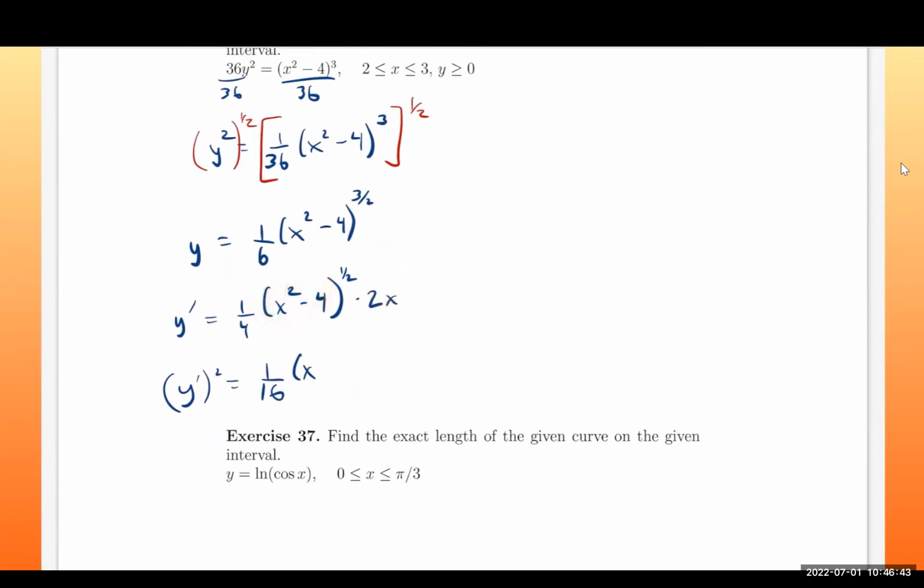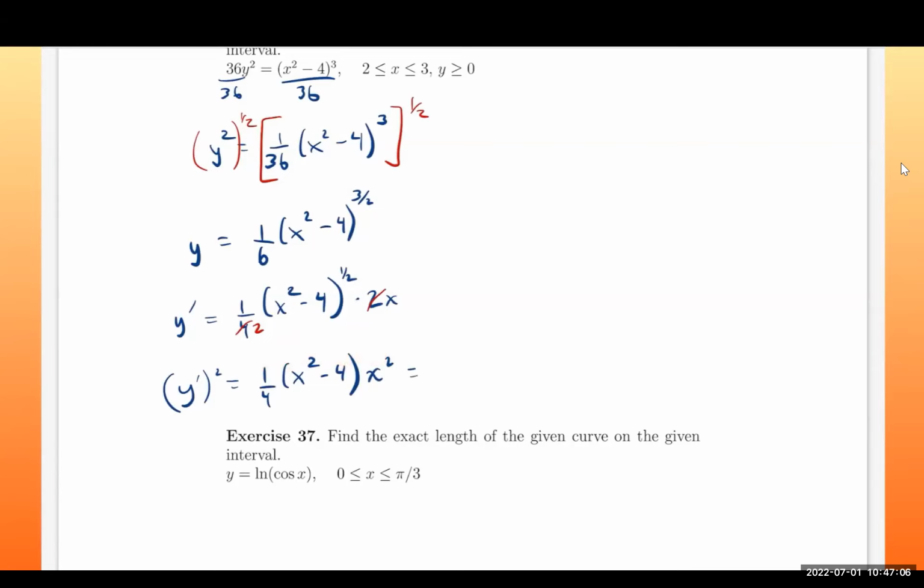Don't forget to take the derivative of the inner function, which is times 2x. This becomes 1/2. Sorry about that. So now let's fix this derivative. The derivative is squared now. When you square that, that's going to become 1/4 times x squared minus 4 times x squared.